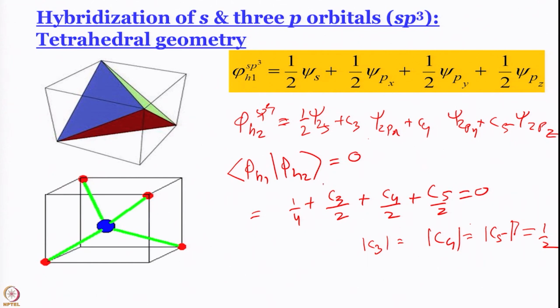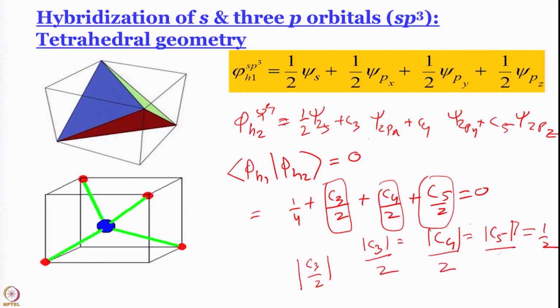Understand what I mean? The C3 by 2, C4 by 2, C5 by 2, all mod of these, mod of C3 by 2 is equal to mod C4 by 2 equal to mod C5 by 2 is equal to half. Okay. So, what are the absolute values? Sorry, is equal to 1 by 2 into 2, I forgot that 2.